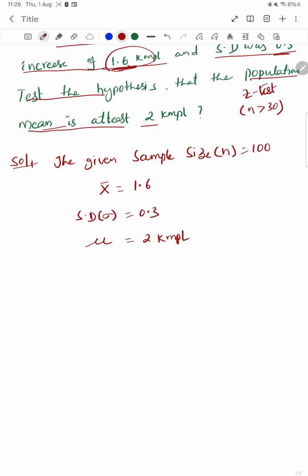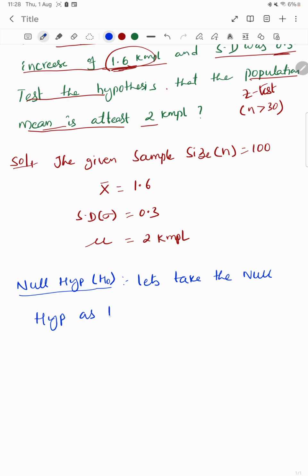So let's start with the null hypothesis. The null hypothesis, within the brackets H naught, we will take as the claim, so let's take the null hypothesis as the claim is true.